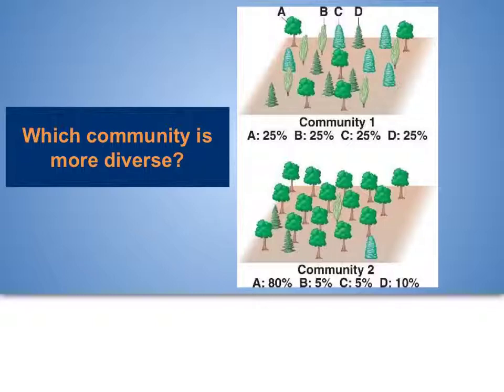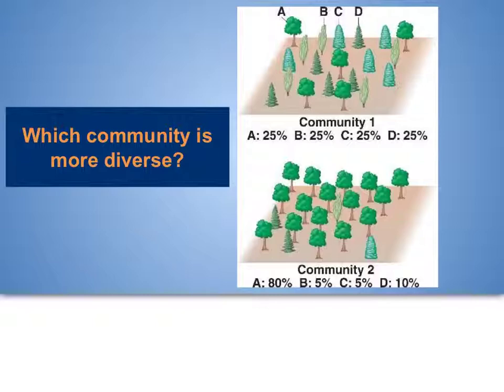So we can talk about species diversity using two examples. These two examples present us an interesting dilemma. The question that we're trying to answer is which community is more diverse? We're looking at two communities of forests, two forest communities, and really we're only going to look at the trees in those communities, while we also recognize that we're ignoring all of the other kinds of animal life and so forth.